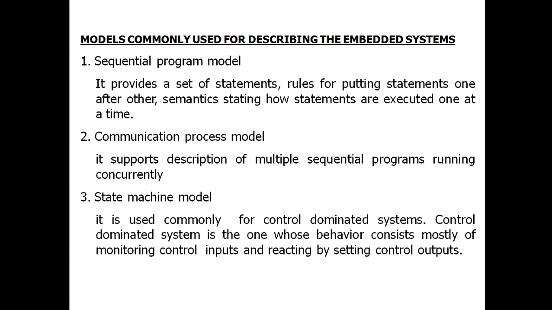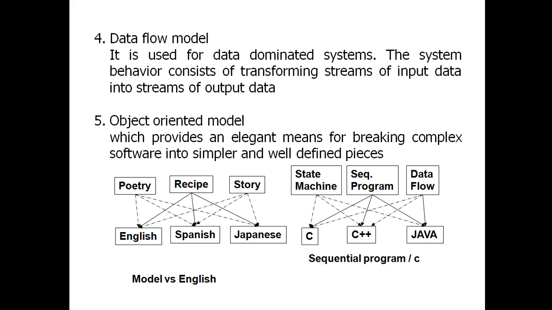In case of the communicating process model, it supports description of multiple sequential programs running concurrently. And the state machine model is used commonly for control dominated systems. A control dominated system is one whose behavior consists mostly of monitoring control inputs and reacting by setting control outputs. So these are the three specific program models that we are going to cover. So let's go to the next slide.